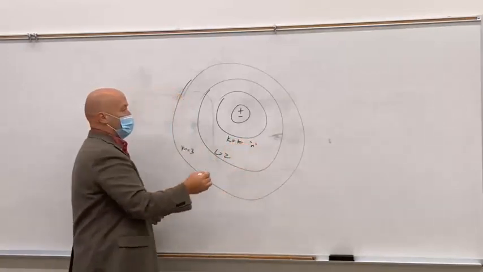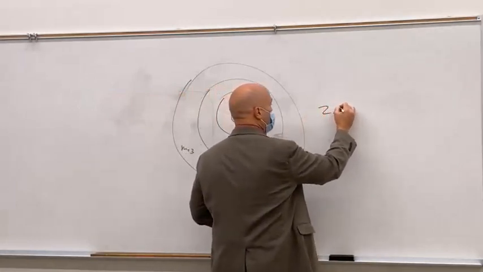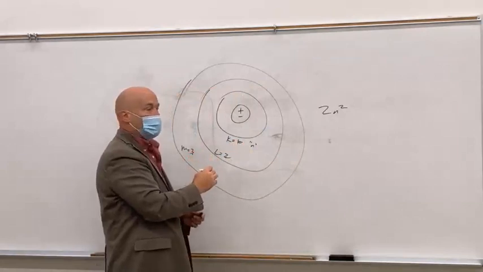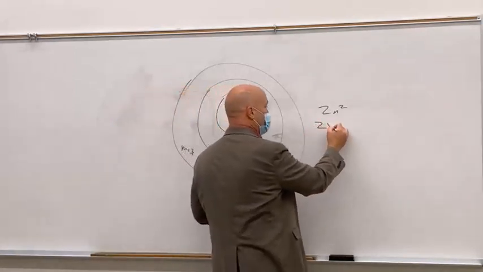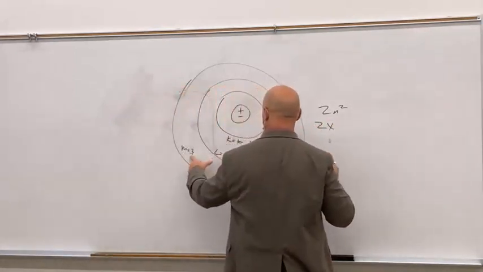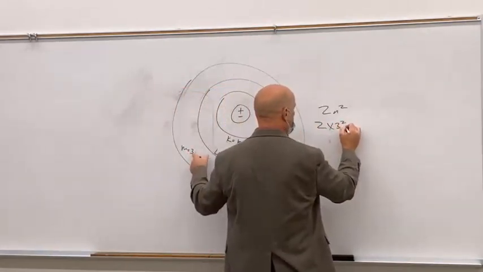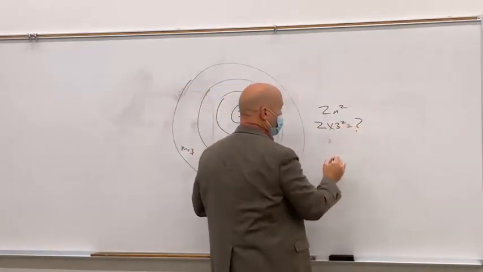Okay, so 2n squared means that number, right? So it'd be 2 times whatever number that is. If we're talking about the M shell, it'd be 2 times 3 squared equals what?